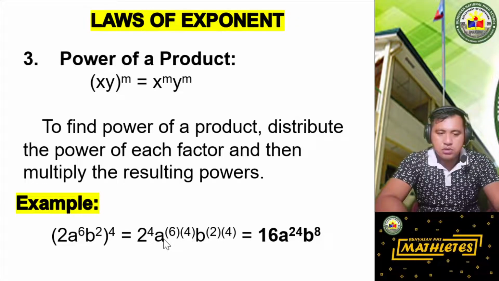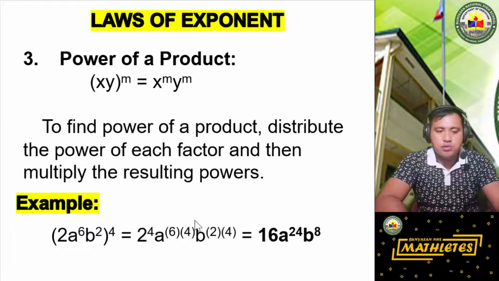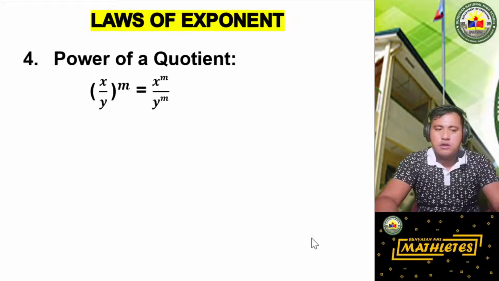Then, a to the power of 6 times 4, because a has already its exponent 6. So, you have to multiply 6 times 4. Apply that second rule, the power of a power. So, we have 6 times 4 is 24. Then, b to the power of 2 times 4 is 8. So, that makes 16 a to the power of 24, b to the power of 8.